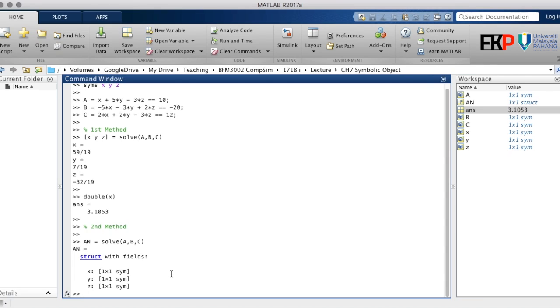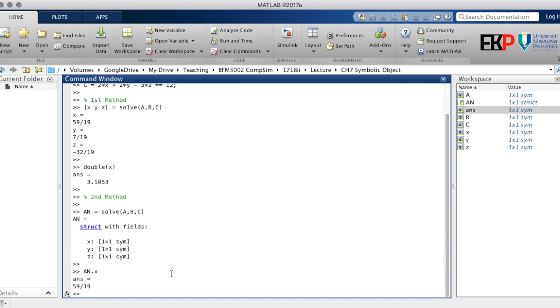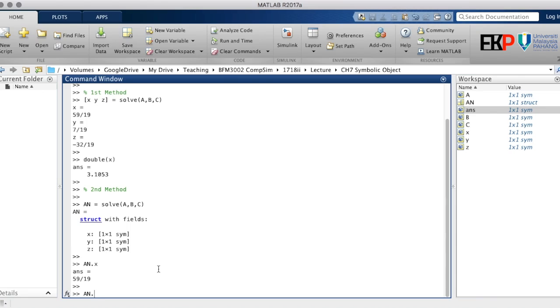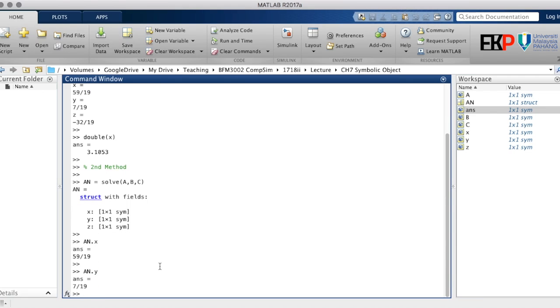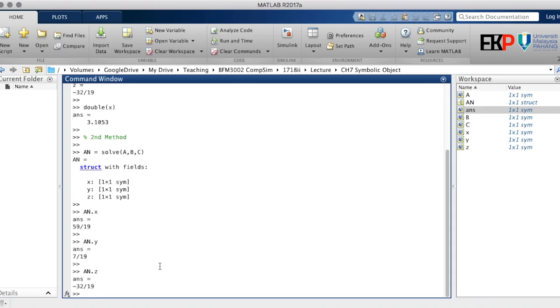There is no answer being displayed. So how do we know what is the value of x, y, and z? We type in ans dot x, we press enter, we get the value of x. We type in ans dot y, we get the value of y, and if we type in ans dot z, we get the value of z.